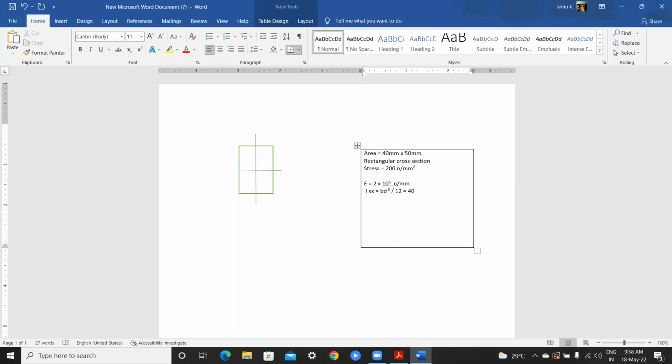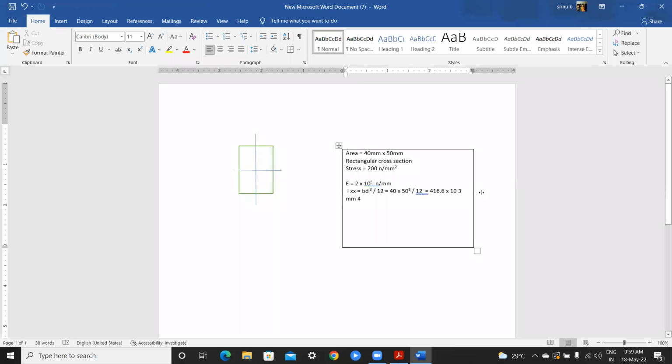Breadth is 40, into depth, which is 50, cubed. So bd cube by 12, then the value will become 416.67 into 10 cube mm power 4.